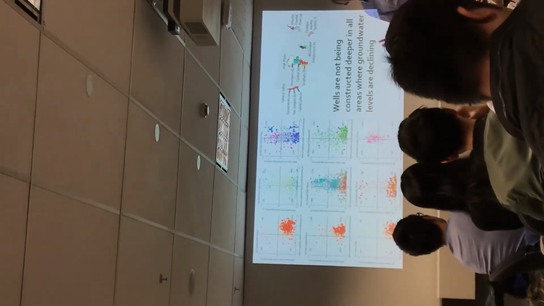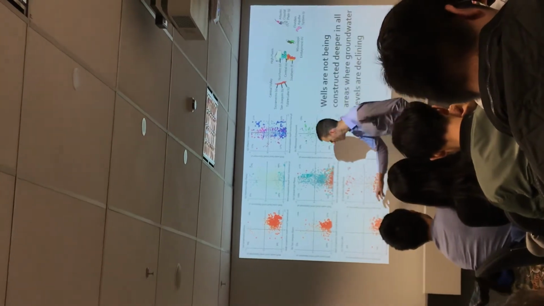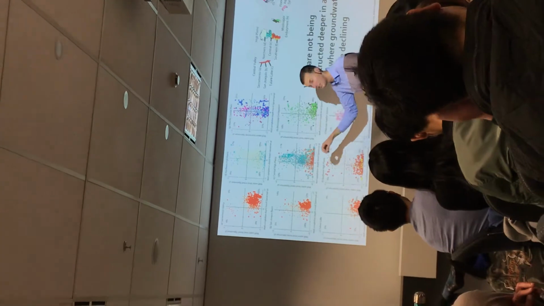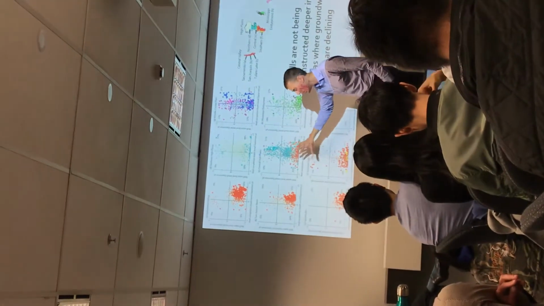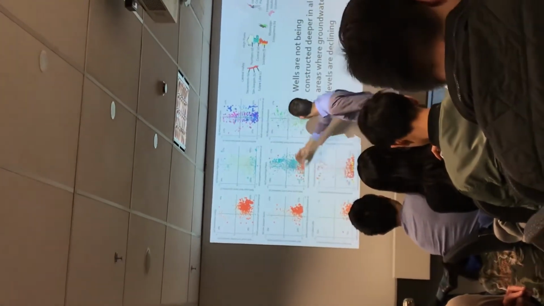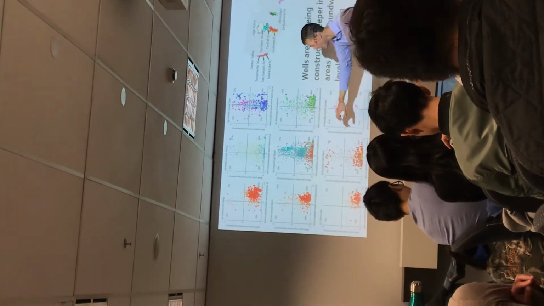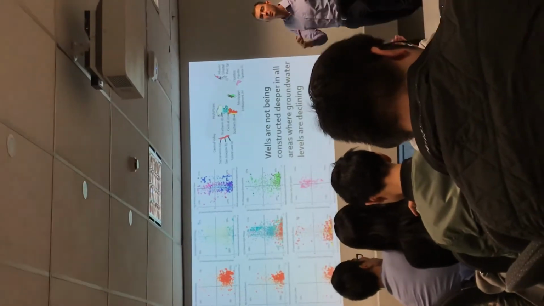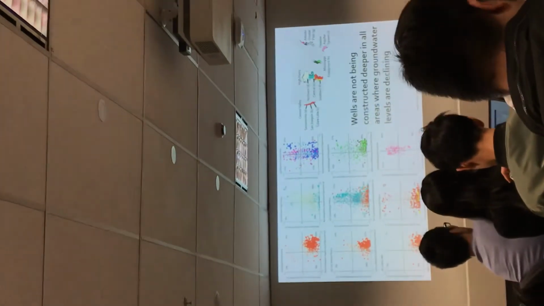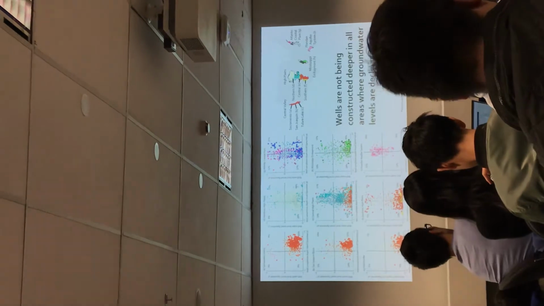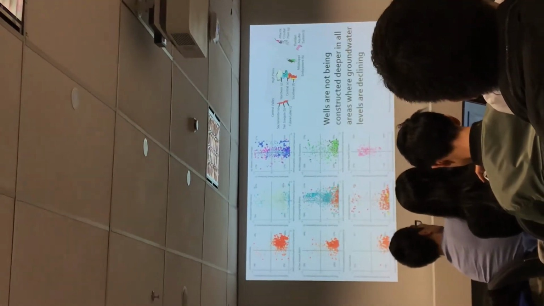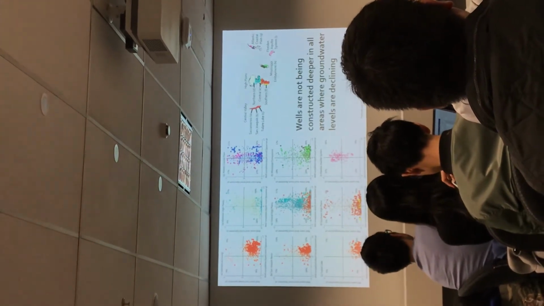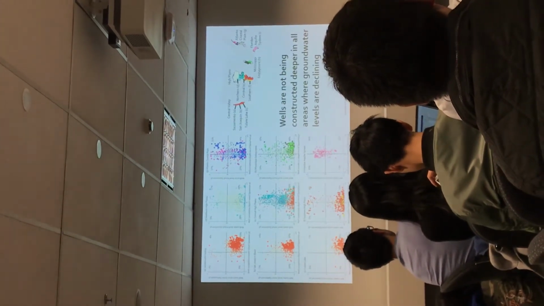And the upshot of this is that California's Central Valley, in red here, looks very different than the Central High Plains and the Southern High Plains. In all of these locations, we often see declining water levels in the wells. But in California, those declining water levels are being met with deeper drilling. And in the High Plains, that is not true as frequently. So wells are not being constructed deeper in all of the areas where groundwater levels are dropping.